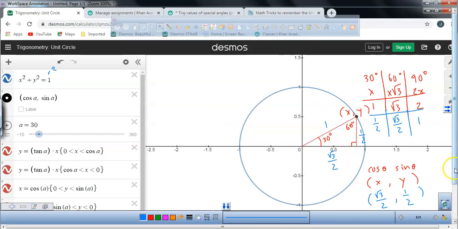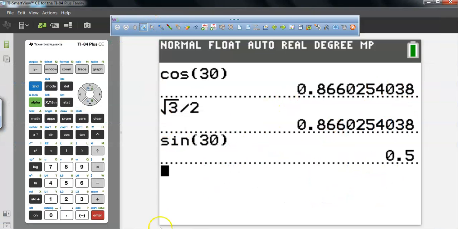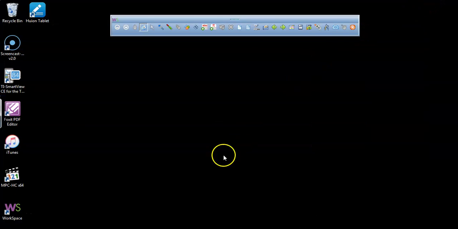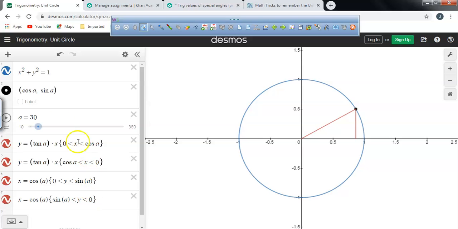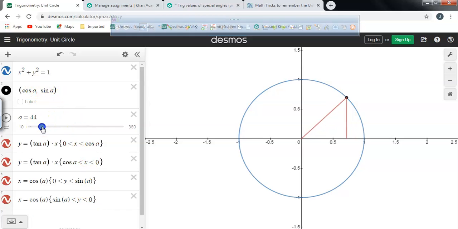So, what does that mean for us? Well, what I want you to understand, if you understand the unit circle and you understand what 45, 45, 90, and 30, 60, 90s are, then you can get those special triangles. Let me go to the 45 and show you a 45 real quick.